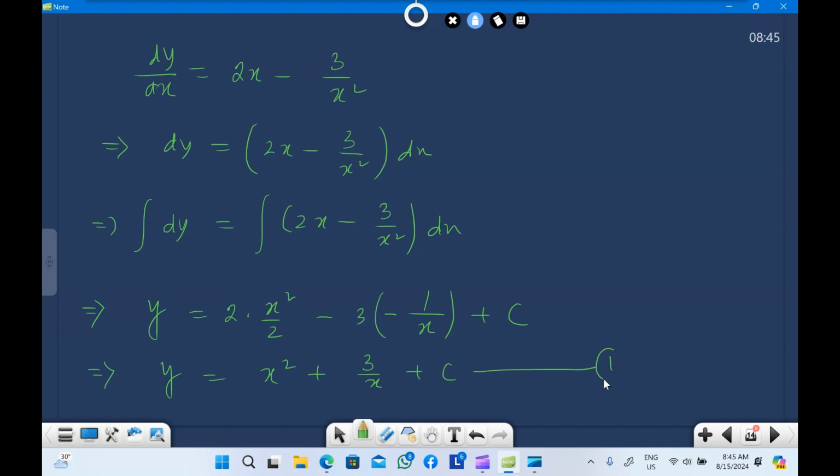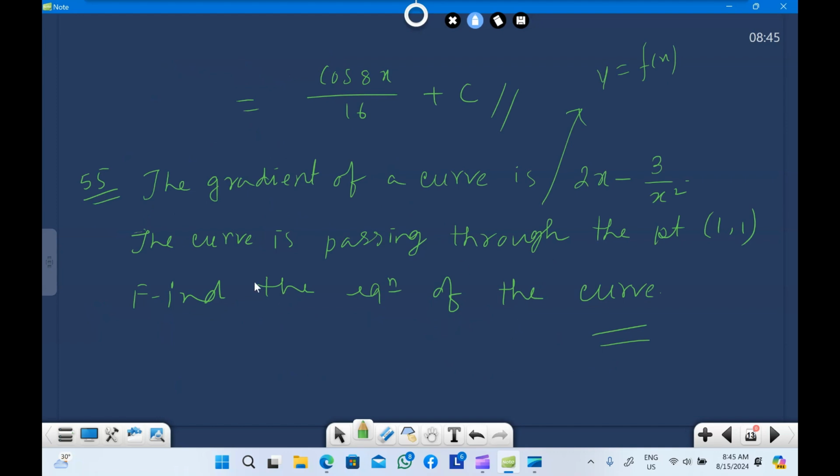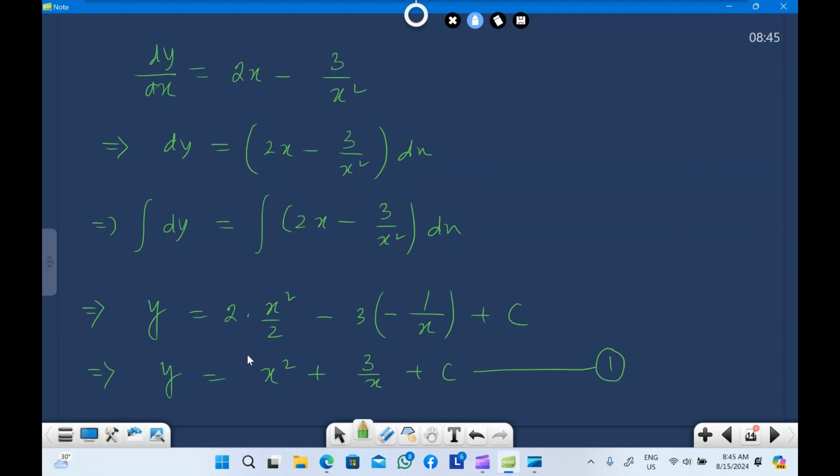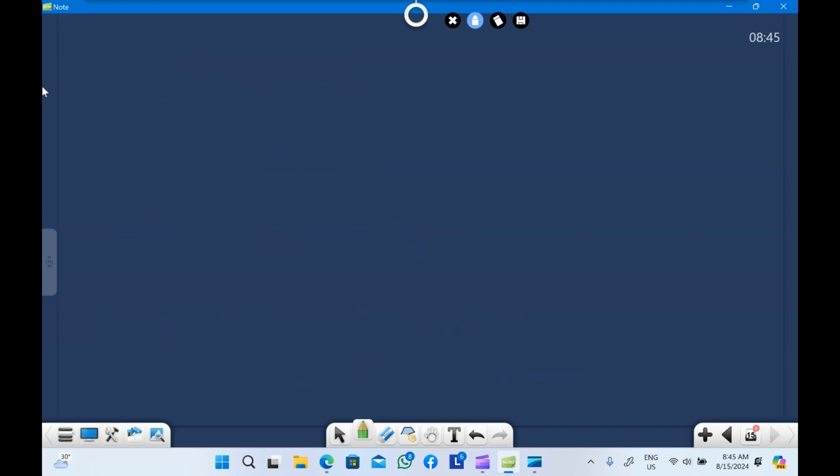So you mark it as 1, and as given in the question the curve is passing through the point 1, 1, so I can use that condition here. Since the curve is passing through the point 1, 1, you just use x is 1, y is 1 in this equation.